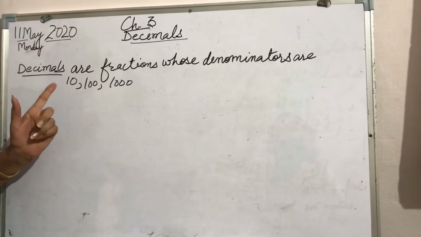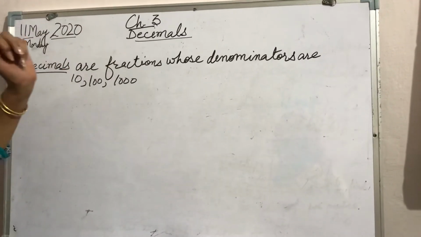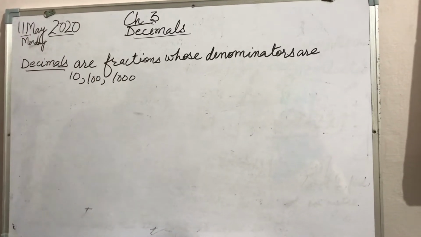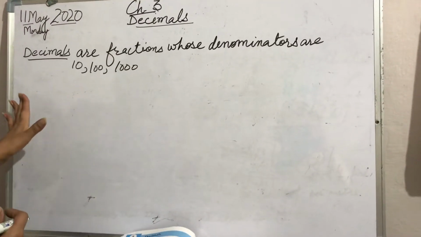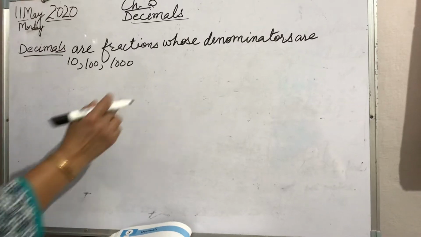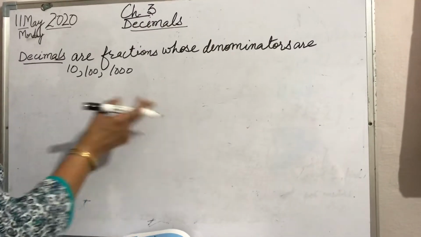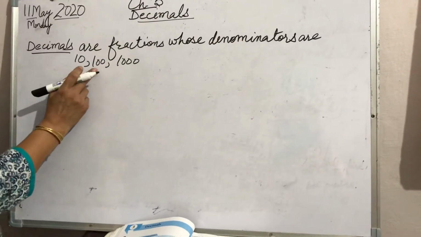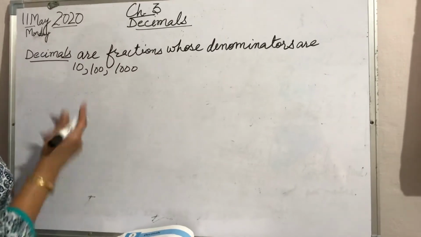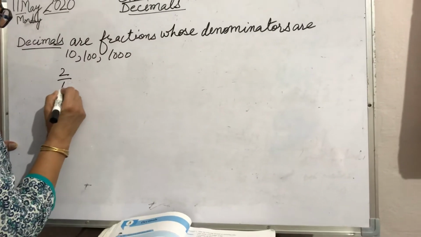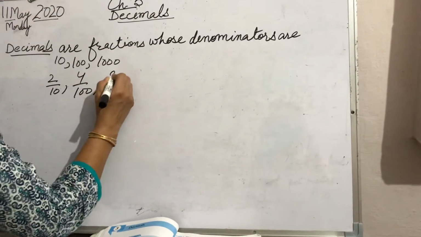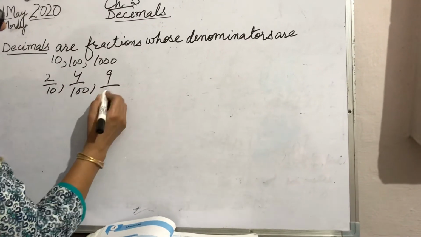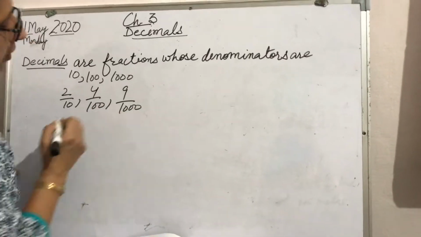So, our next chapter, chapter 3, is decimals. What is a decimal? I think you have already done it in the previous class. Decimals are fractions whose denominators are like 10, 100, 1000, like 2 upon 10, 4 upon 1000, 4 upon 100, 9 upon 1000.